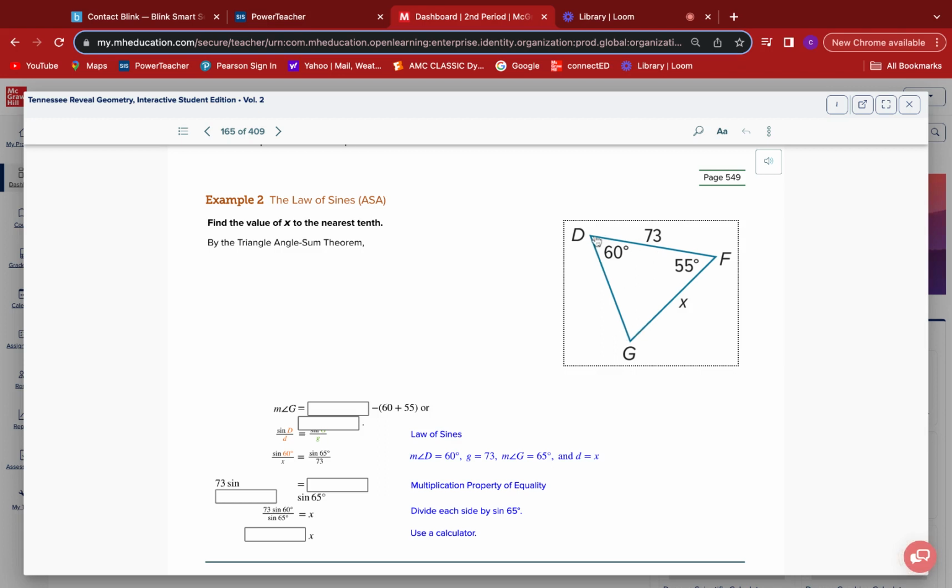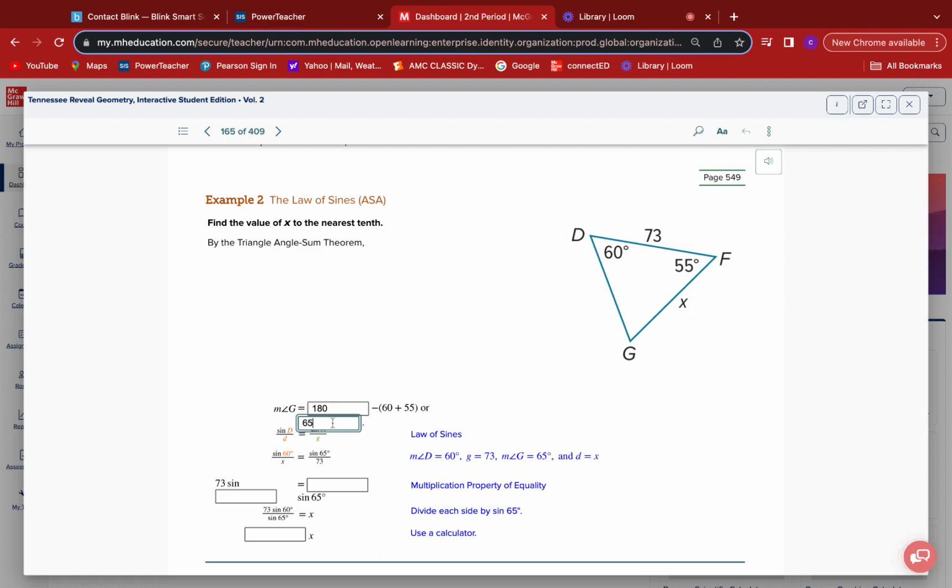The 3 angles of a triangle add up to be 180 degrees. So I need to get my matching set by finding angle g. Since 60, 55, and angle g add up to be 180, I'm going to take 180 and subtract these two to find the missing angle g. So 180 minus 60 and 55 is 65 degrees.